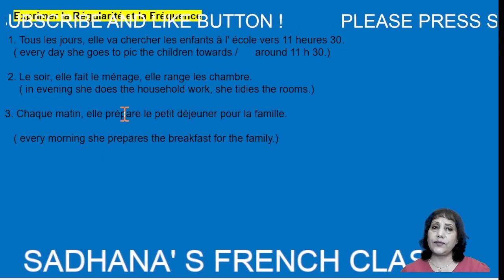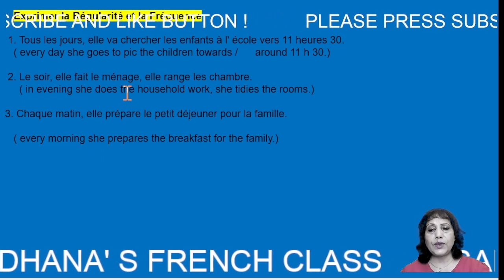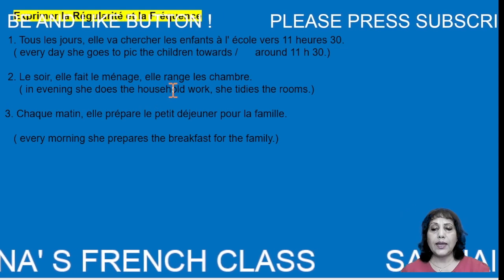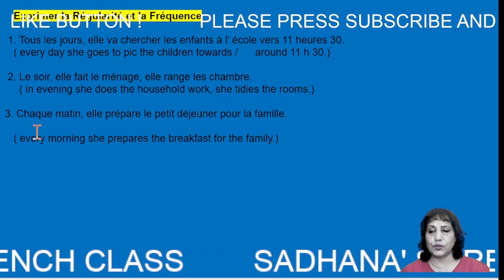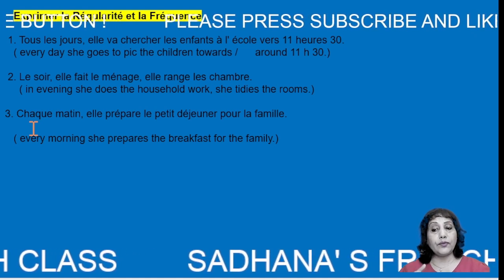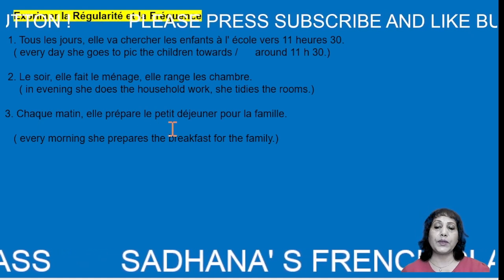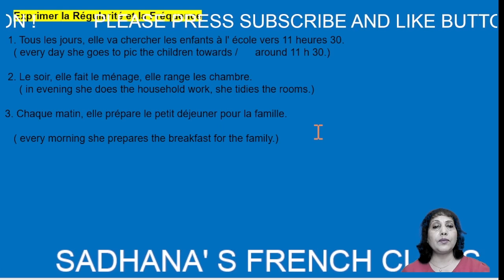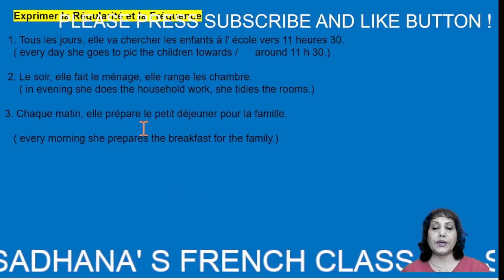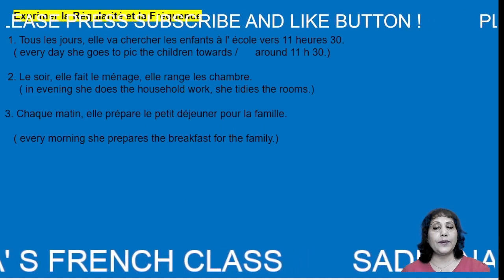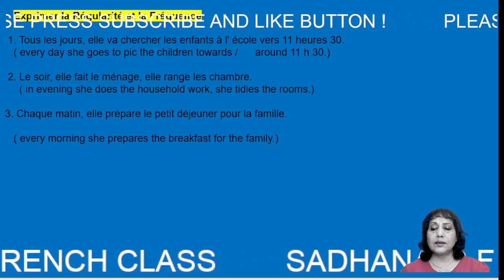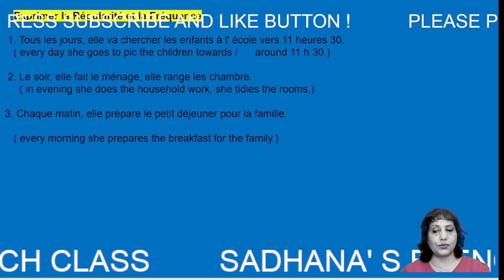In the evening means every day she must be doing. Elle fait le ménage means she does the household work. Elle range les chambres, she tidies the rooms. Chaque matin, every morning, elle prépare le petit déjeuner pour la famille. Every morning she prepares breakfast for the family. Okay. So these are the words which you should use.